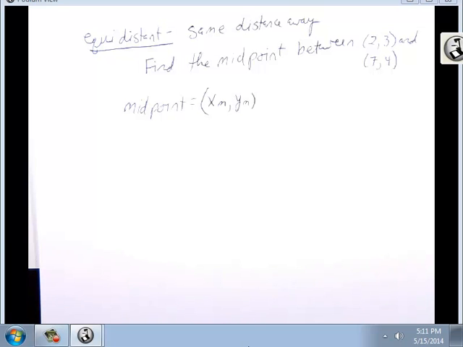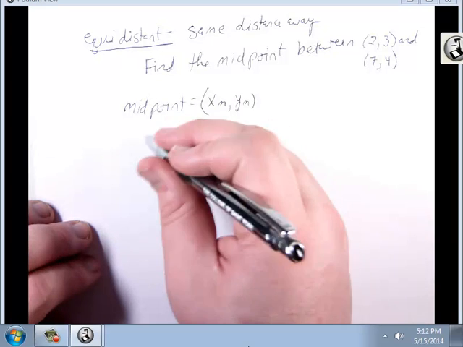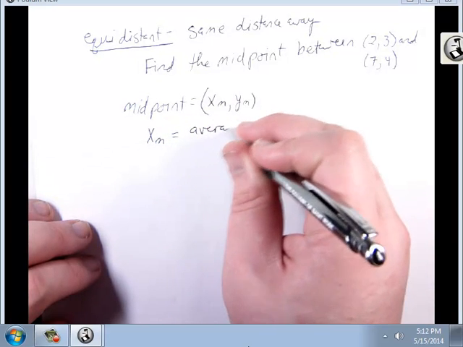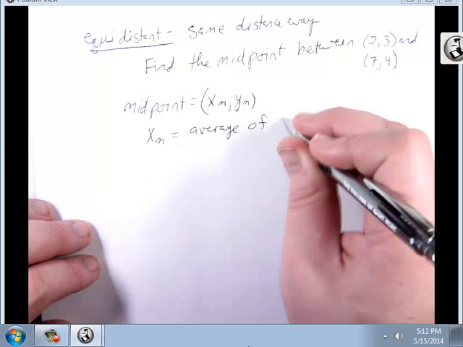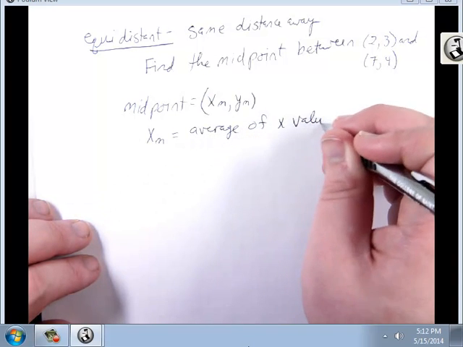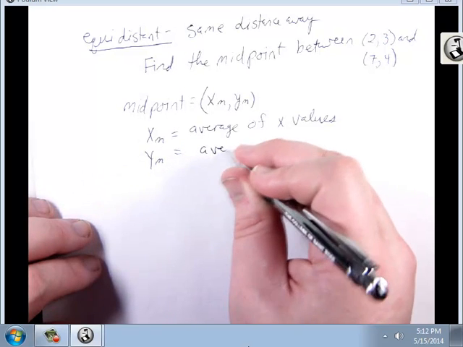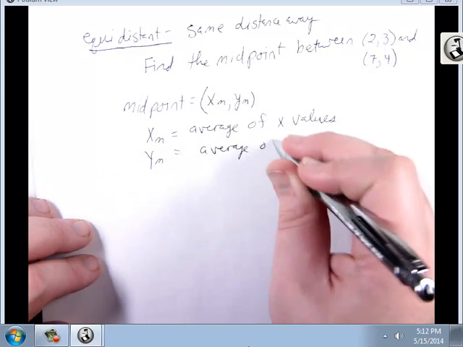And what you're going to do, xm is just the average of x values, and ym is the average of y values.